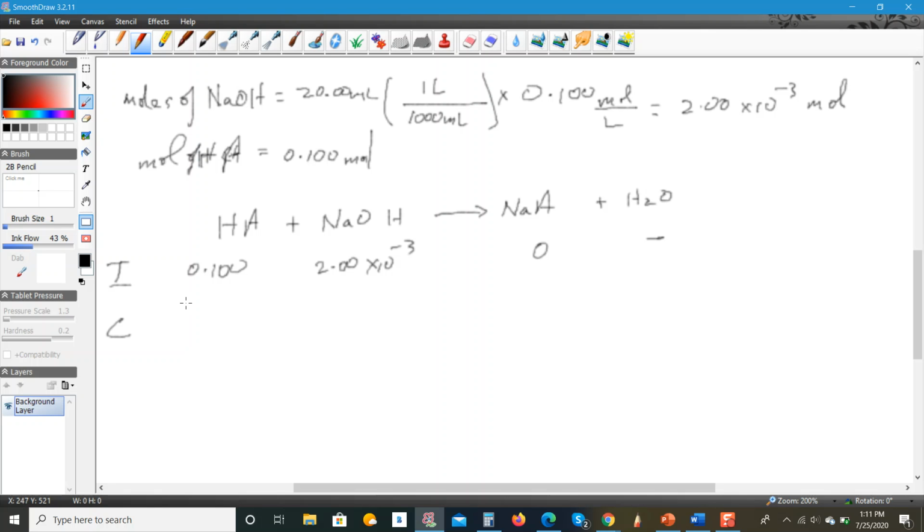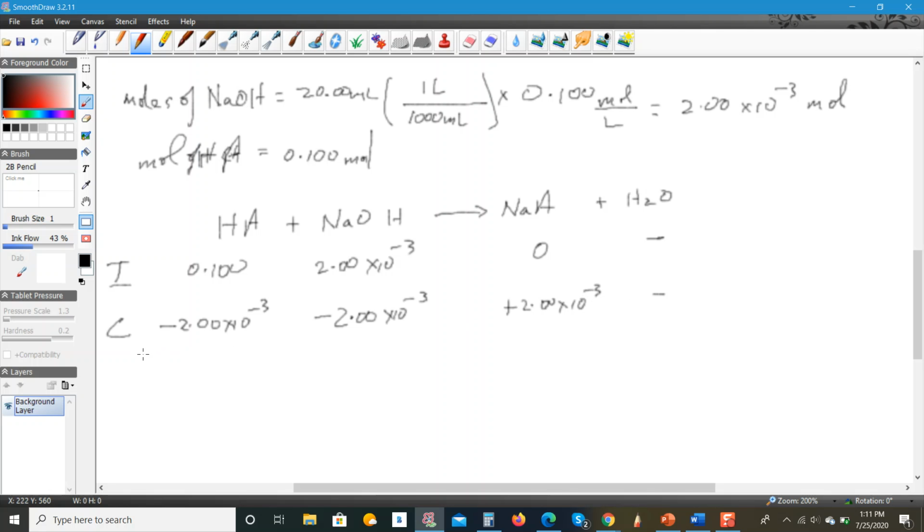And again, you don't need to concern yourselves with water. So the change, of course, would be for the sodium hydroxide, because it's a limiting reactant, all of it will react. So the change here would be minus 2.00 times 10 to the minus 3. And because of the stoichiometry here, the change is going to be the same, minus 2.00 times 10 to the minus 3. And also because of the stoichiometry, the change here is going to be plus 2.00 times 10 to the minus 3.